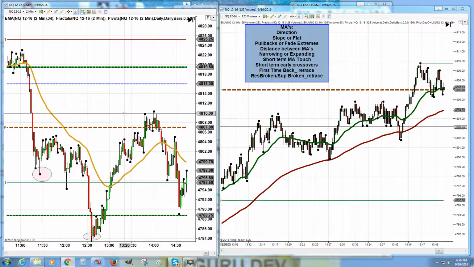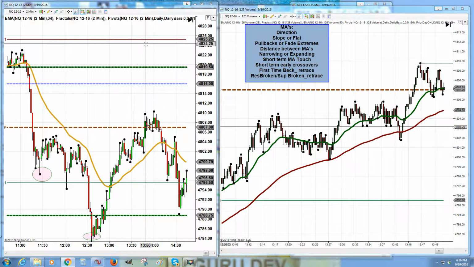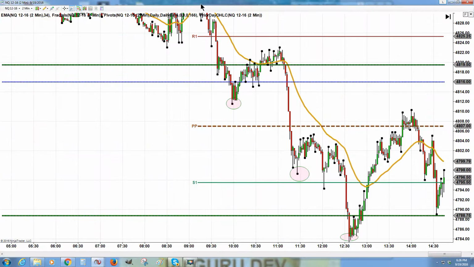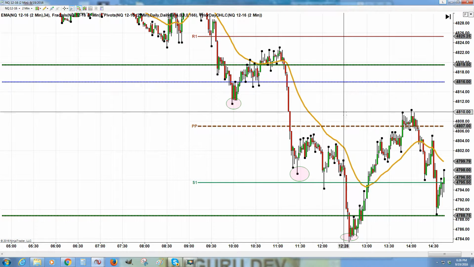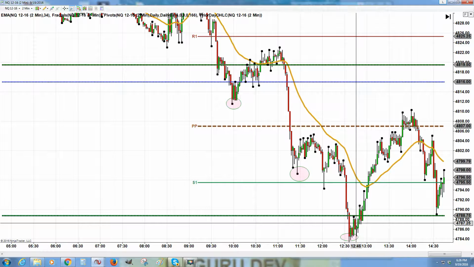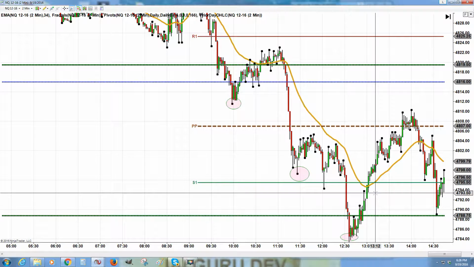So what we talked about in the previous 2 videos is that by putting up this moving average and adding the previous day's high, the previous day's low, and the close from the previous day or the current day's open, we get a lot of information, and oftentimes the market is keying on those levels for the direction it takes and the places of support and resistance where it turns.